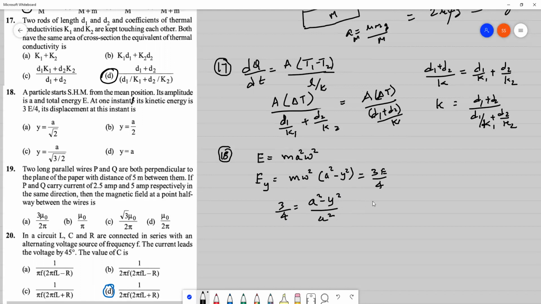Solving, you get 3a squared and 4a squared, so that a squared is equal to 4y squared. That gives you y is equal to plus or minus a by 2. So y is equal to a by 2. This should be the right answer.